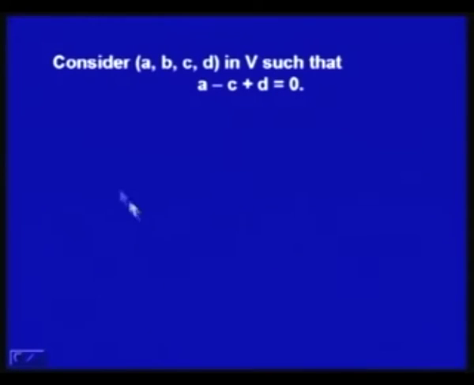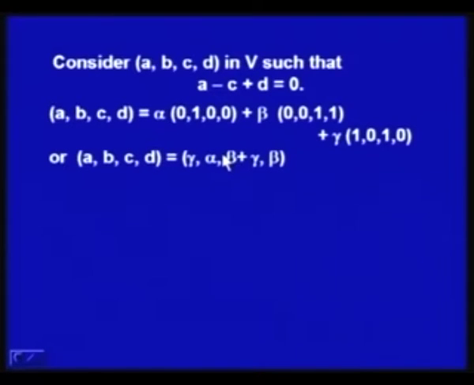for V. So, for this purpose we consider A, B, C, D in V satisfying the given constraint A minus C plus D equal to 0. So, we express this vector A, B, C, D in V as a linear combination of vectors of the given set.